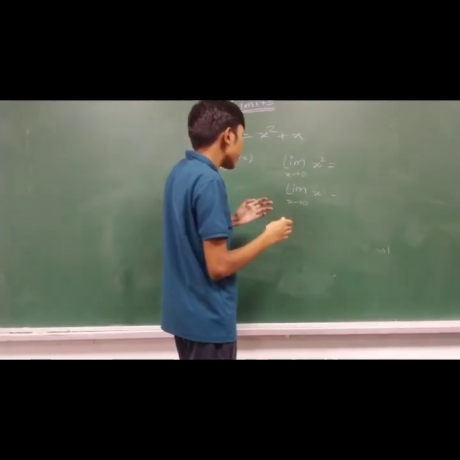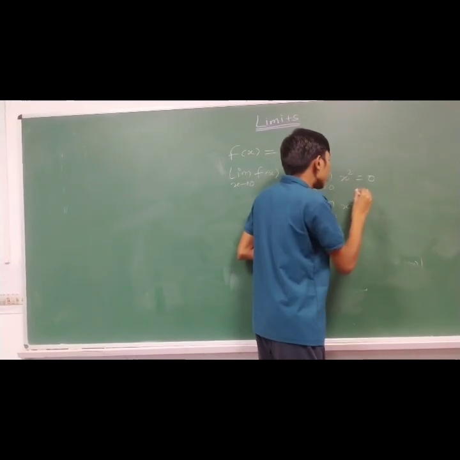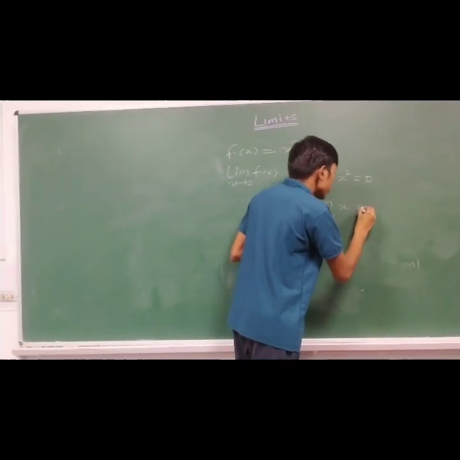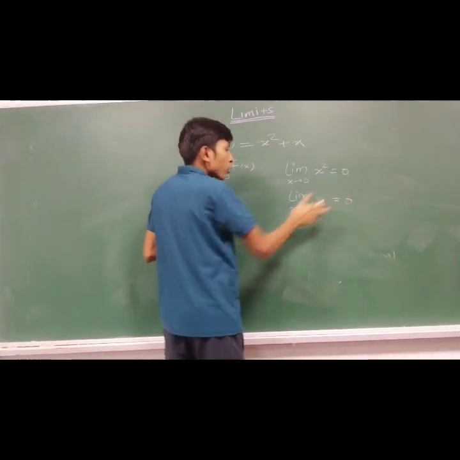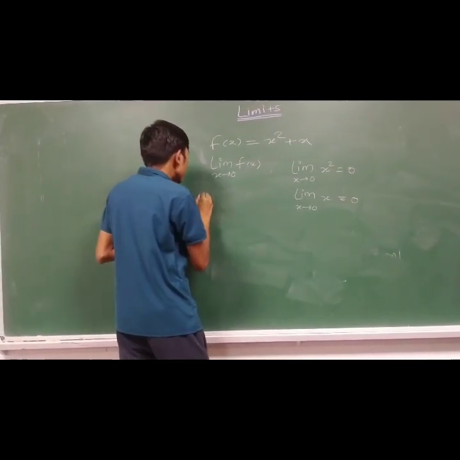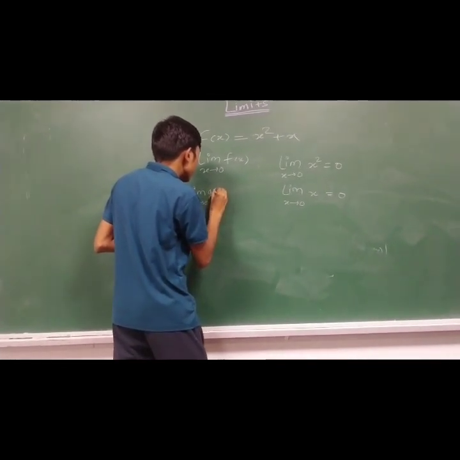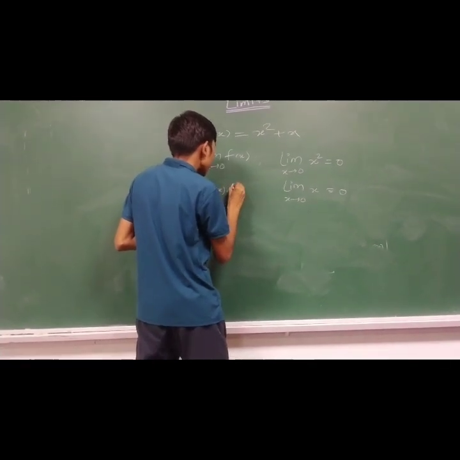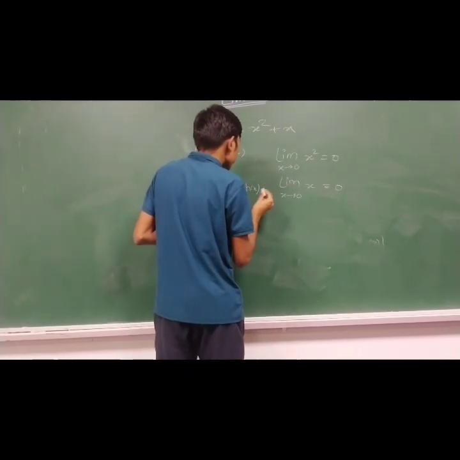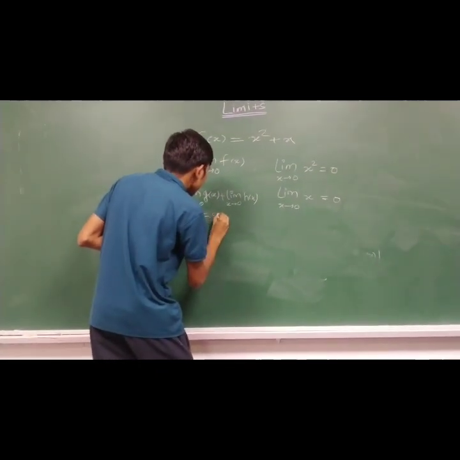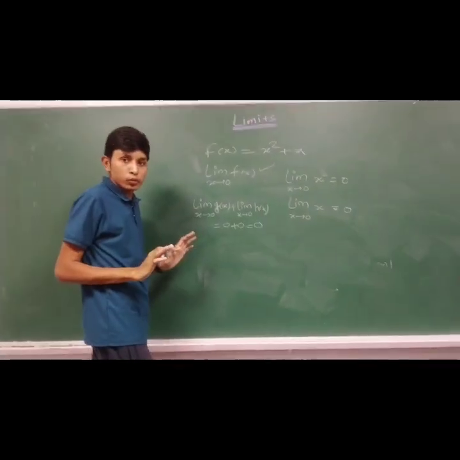Initially, when I started the lecture, I also told you that the limit of x square is 0, and the limit of x is also 0. So the limit of f(x) will be the addition of these two, 0 plus 0, which is equal to 0. So the limit of the function f(x) is equal to 0.